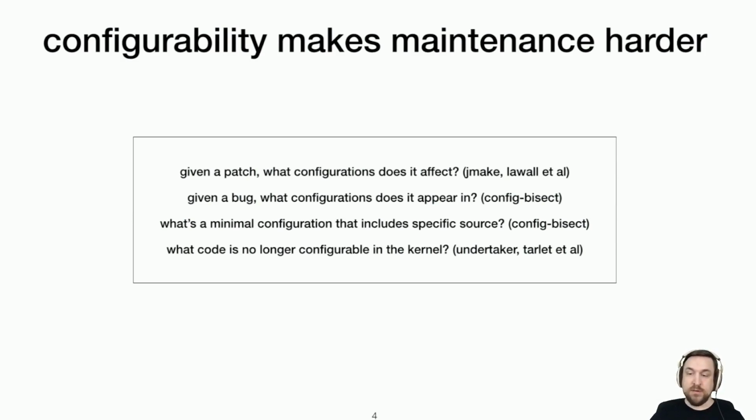Intel has its zero-day testing infrastructure, and this will just build lots and lots of predefined configuration files, but also just generate lots and lots of random configurations to hopefully try to find that one configuration that is broken in the kernel. And as you can imagine, this takes lots and lots of energy and lots of time because there are just way too many possible configurations to test all of them.